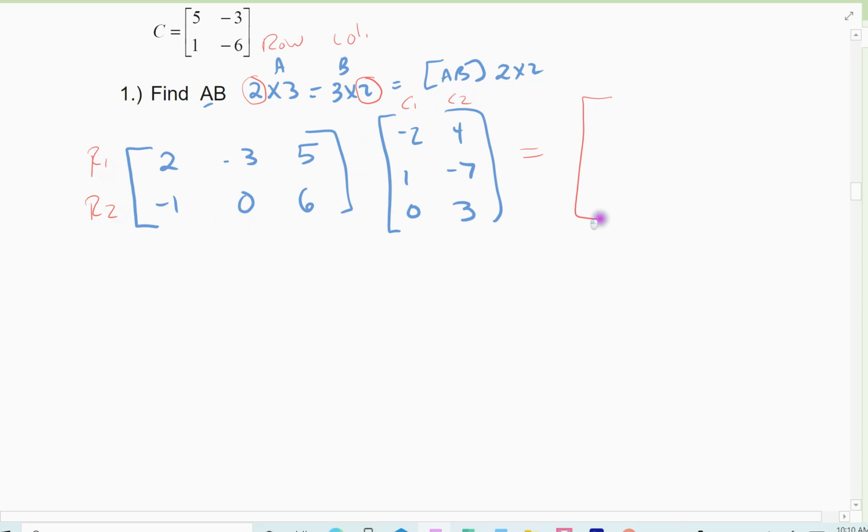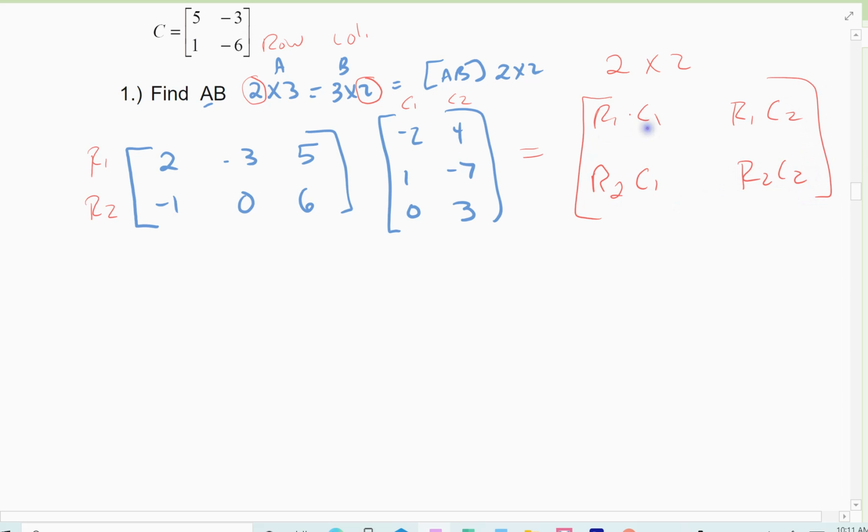And so when I get my resulting 2 by 2 matrix out, I'm going to take row 1 times column 1 to get the first number here. Then I'm going to take row 1 by column 2 to get the second number there. I'm going to take row 2 times column 1 to get the number there, and row 2 times column 2. The rows and columns tell me where my entry is, right?